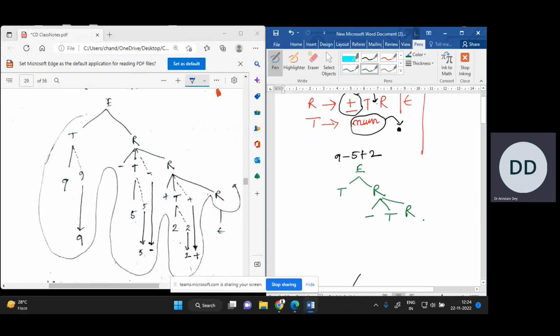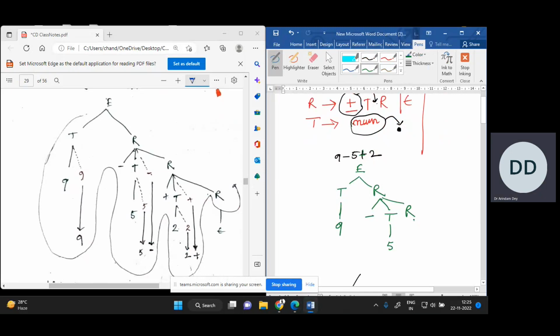Then from T I can generate T to num. So from T I am putting the value 9. For the next T, I am putting the value 5. From R, there is an epsilon production I can make, or plus TR, I have to put a plus symbol. So I need to expand R.